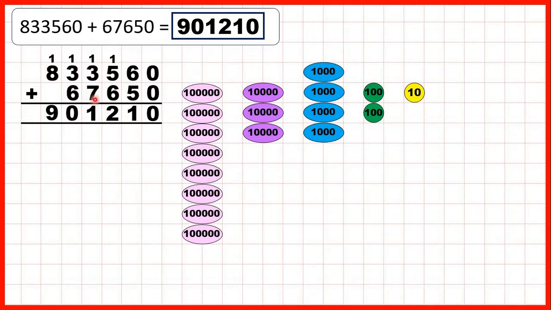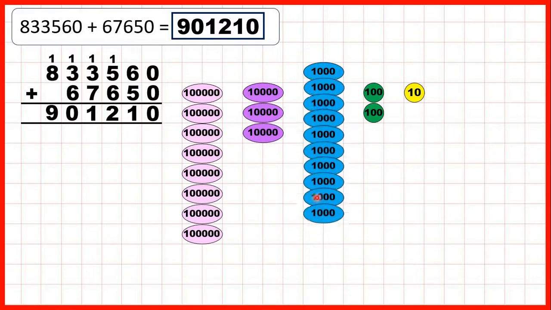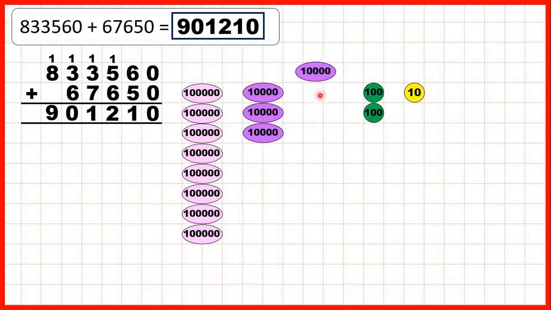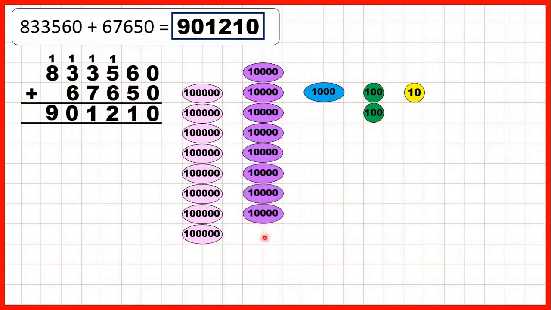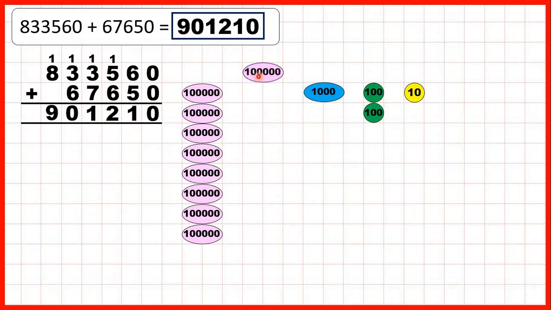Now we need to add 7 thousands, so we can add 1, 2, 3, 4, 5, 6, exchange, and then add our 7th thousand. Then we needed to add 6 10,000s, so we can add 1, 2, 3, 4, 5, 6, and because we now have 10 10,000s, we can exchange those for 1 extra 100,000.